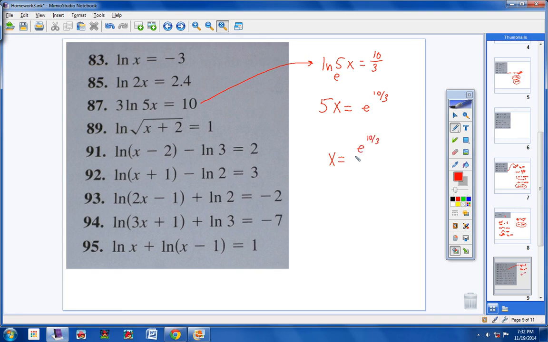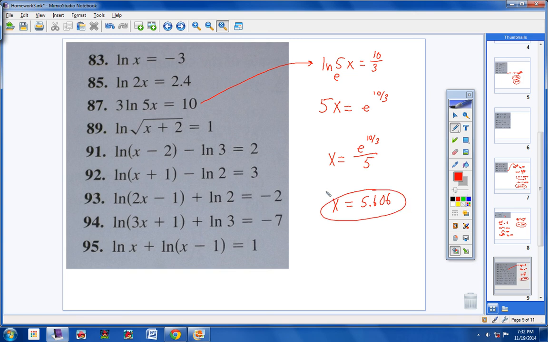And we get this right here. Okay? Alright, so with my calculator, if I were to type in e to the 10/3, enter, divided by 5, enter, I would get 5.606. Okay, which is the correct answer.